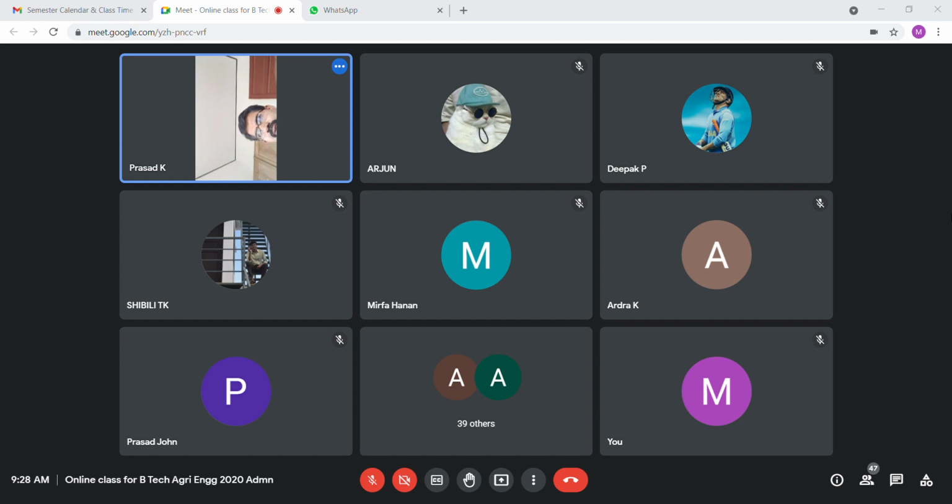Next is a very important term, that is gear nomenclature. So what is meant by gear nomenclature? All the main parts of our gear are drawn and marked in an orderly manner, and we call it gear nomenclature.